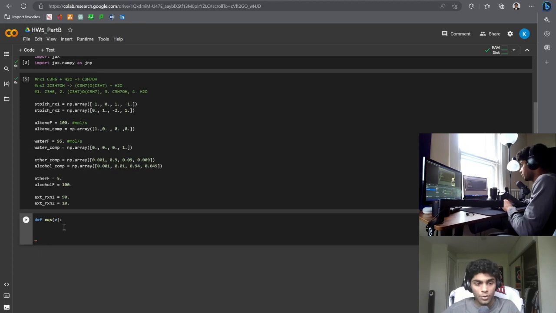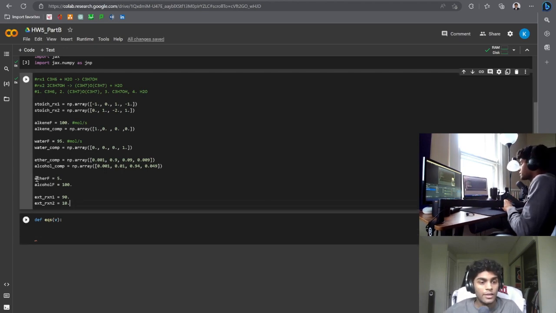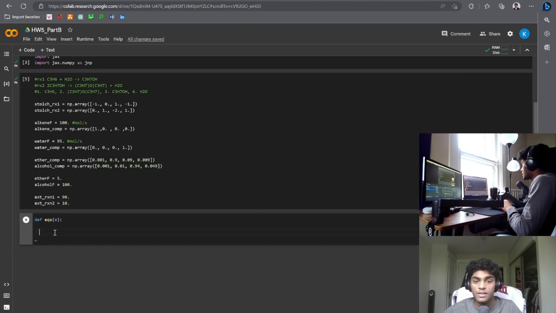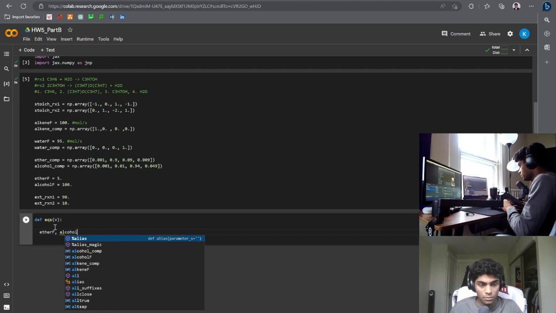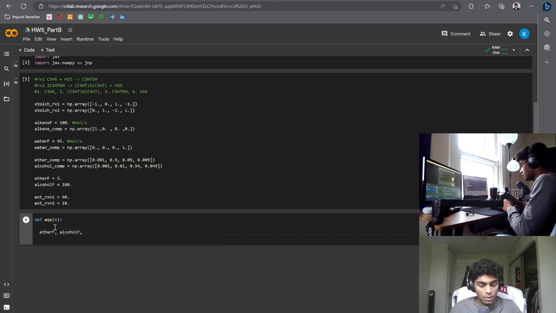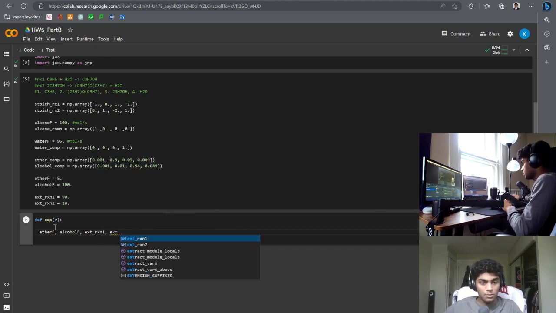And what we don't know right now, what we're really just guessing for, is our ether flow, alcohol flow, and the extents of our reactions. So we're guessing those. So we'll unpack our vector into that. So ether flow, alcohol flow, our extent of reaction 1, and our extent of reaction 2.